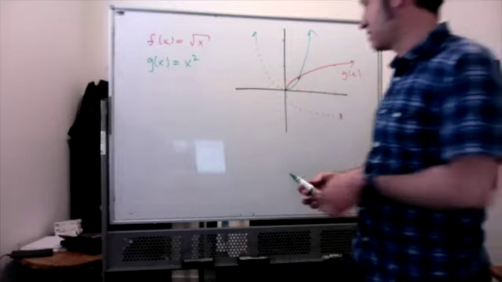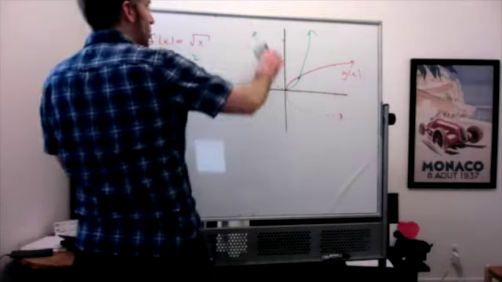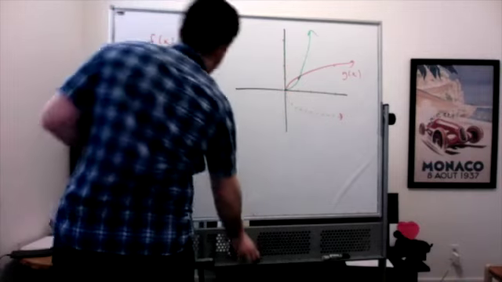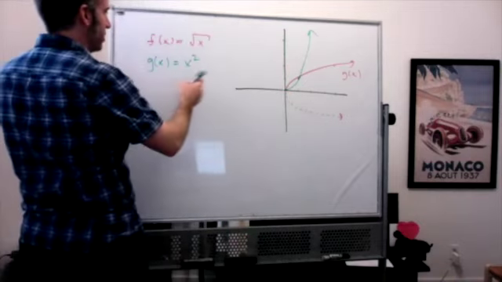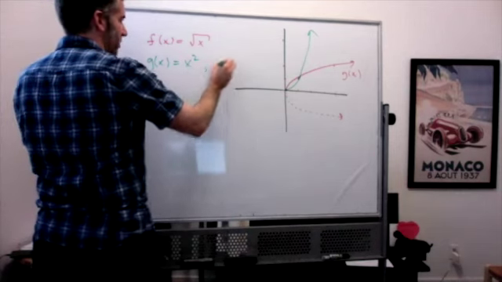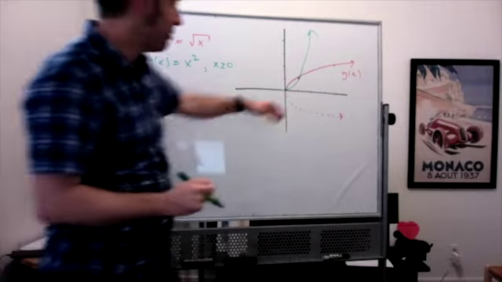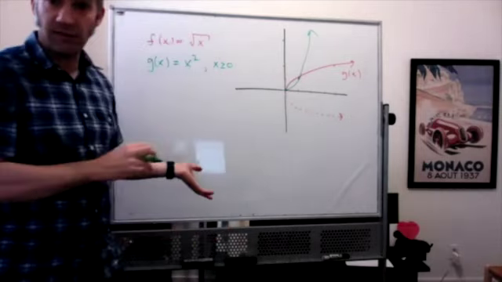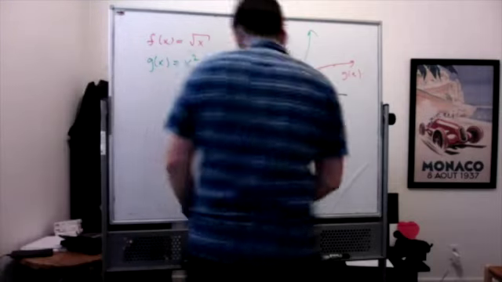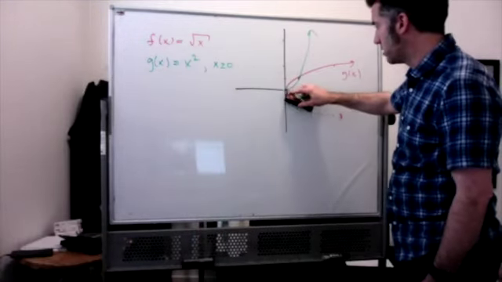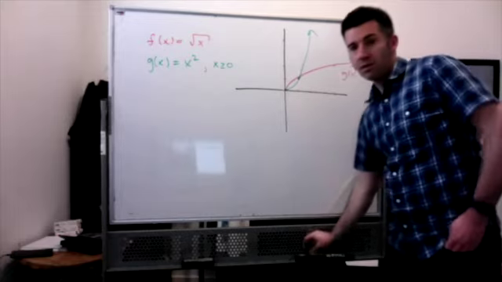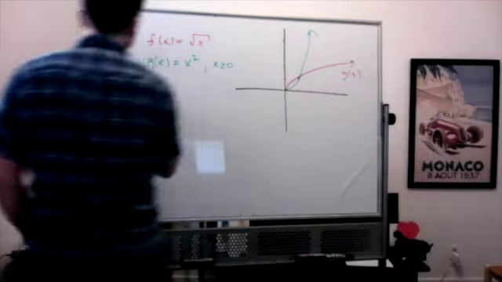So the way we fix this is we restrict the domain of g of x equal to x squared to be where x is greater than or equal to 0. The remaining piece doesn't fail the horizontal line test, and it does have an inverse. So these two functions are inverses.